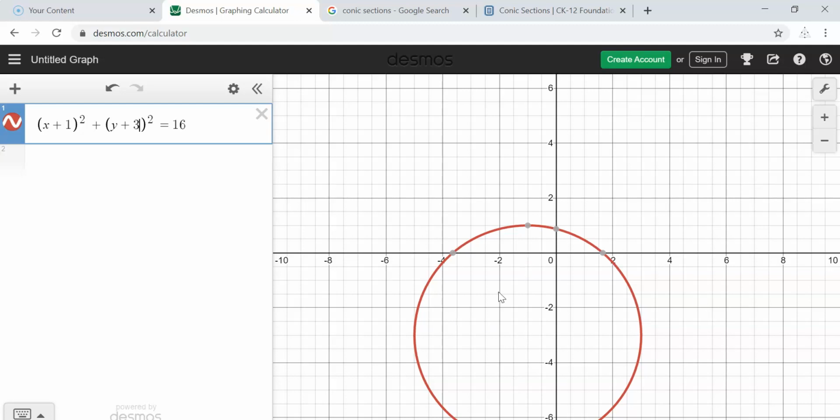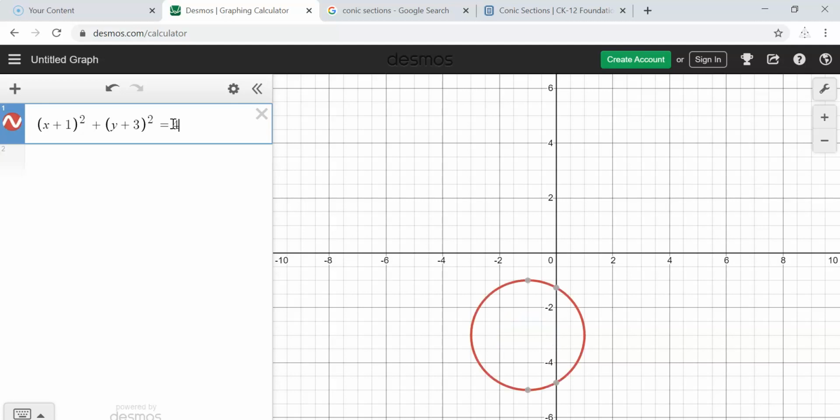So you can move this circle around any way we want. If I make the radius a 1, I could do something like that. If you wanted to make the radius 2, 2 squared is 4, so I'd write it that way. If I wanted a radius of 3, I'd go 3 squared, 9. So you guys get the point, hopefully.